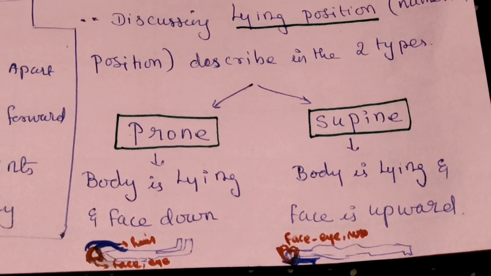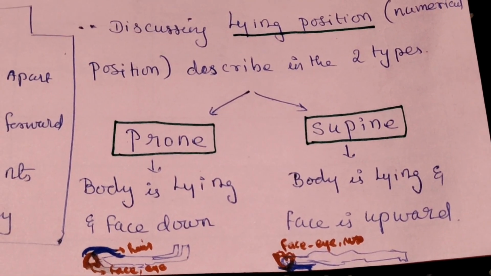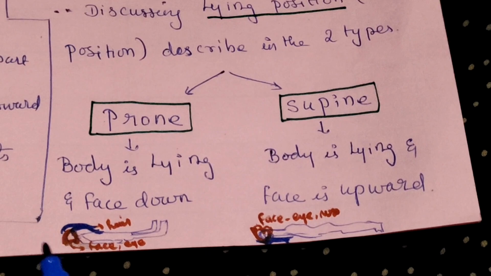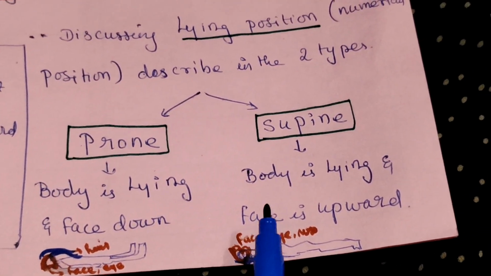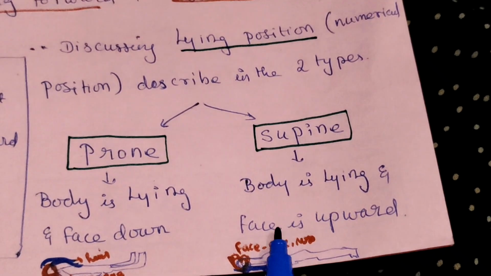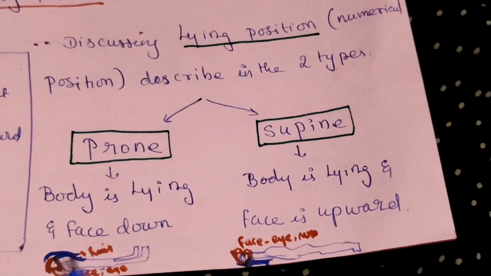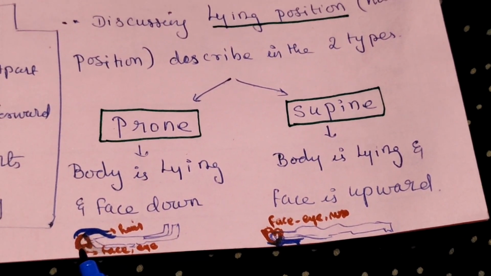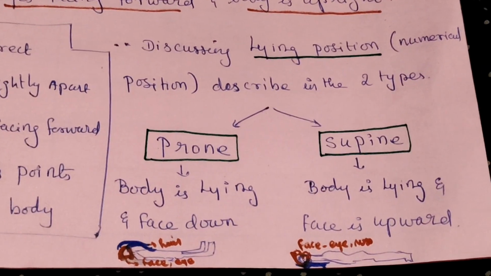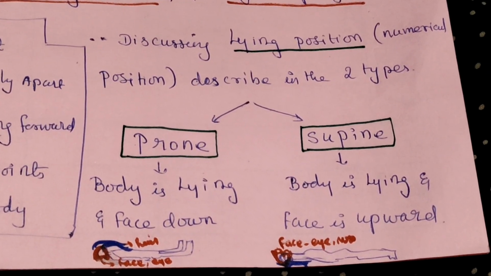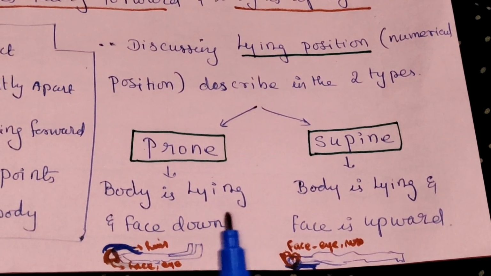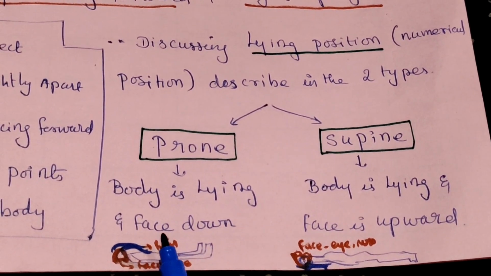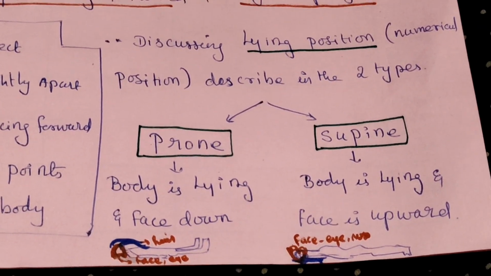In the prone position, the body is lying and the face is down. In the supine position, the body is lying and the face is upward. Prone and supine are both lying positions.